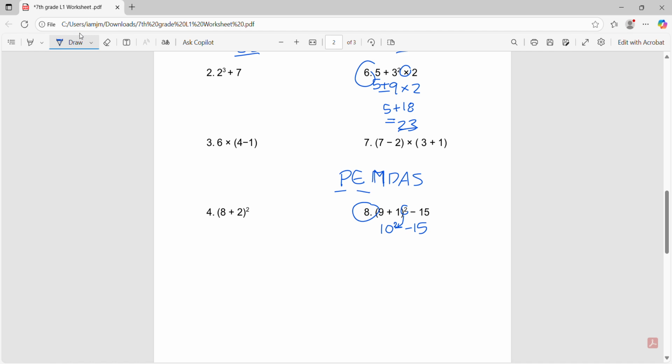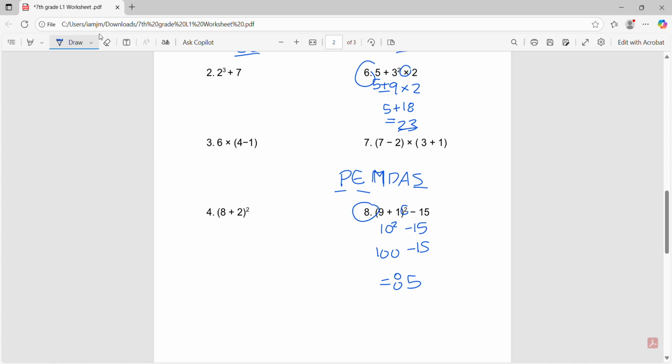Exponent before subtraction. So 10 squared, or 10 to the second power, minus 15, which is 10 squared is 100, minus 15, which we will get 85.